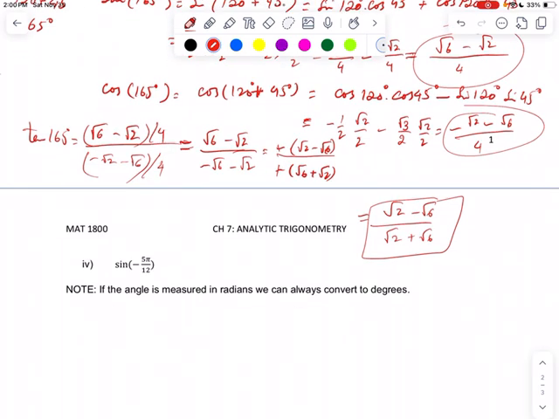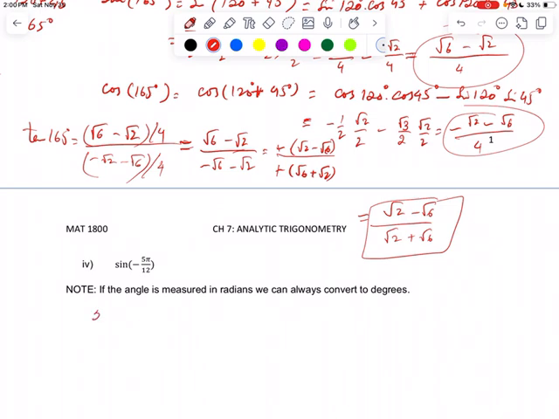Okay, next one, sine of negative 5 pi over 12. Now this is kind of hard, this is pi over 12 now. So if you can find it easily, fine. Otherwise, you can try to convert it to degrees, because in degrees it's easier to see.